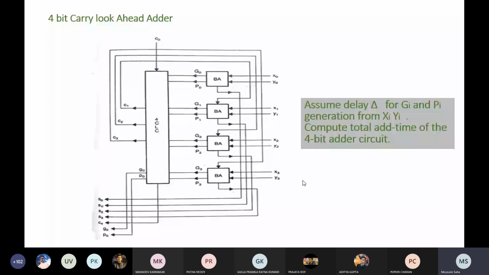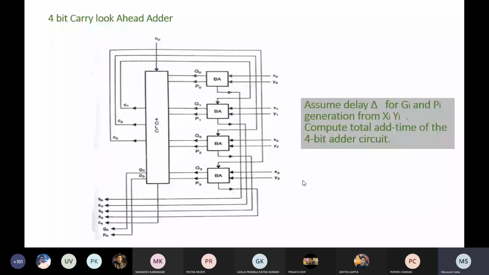That can generate all the carries, and you give those carries as inputs to the basic adder again. Those basic adder circuits take x, y and also the carry, and generate all the sums s0, s1, s2 and s3. The carry look ahead circuit generates all the carries. From that you have the last carry c4 and G0 and P0.